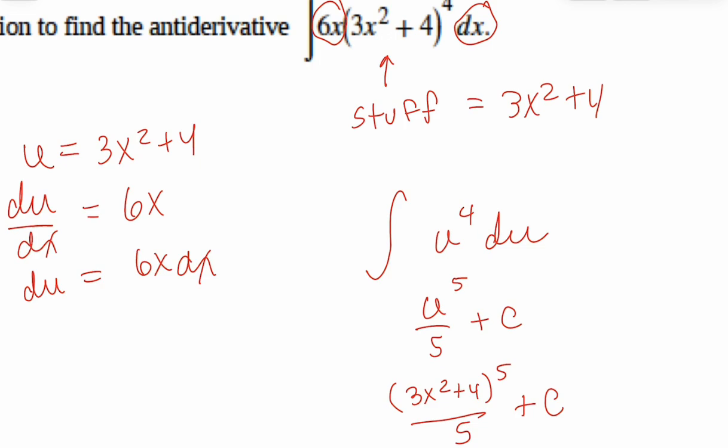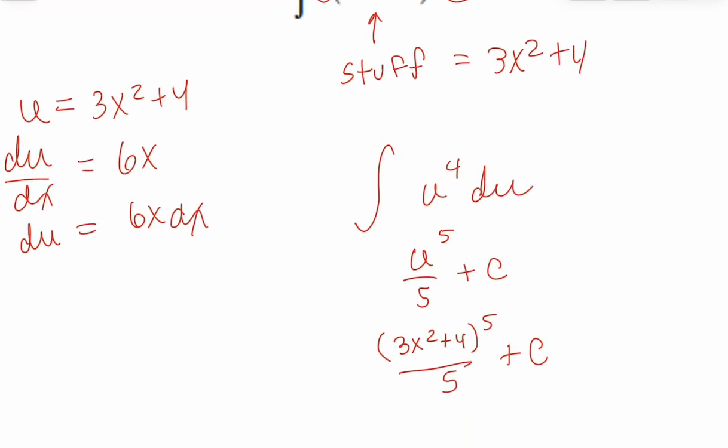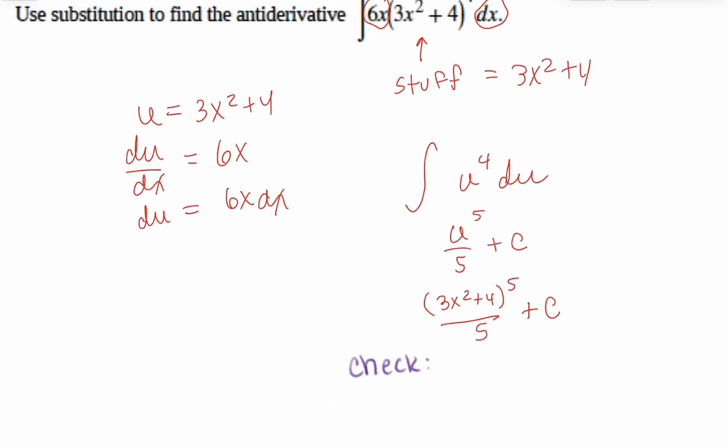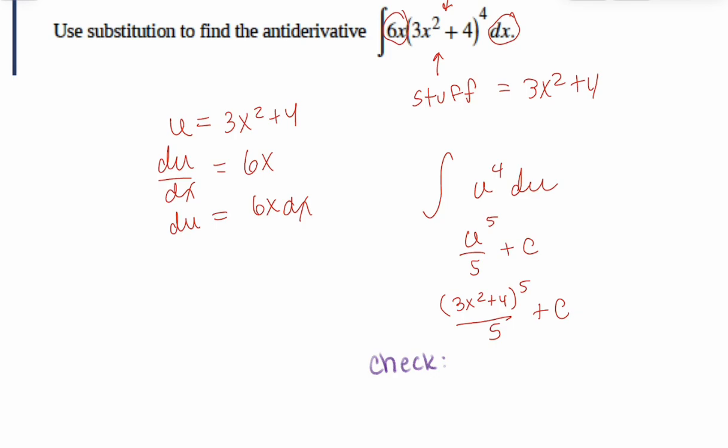Now, from here, let's do a little check if we were right. The derivative of an integral is the function inside. So if we take the derivative of that, we better get the function we see up at the top inside. Okay. So what would we do?